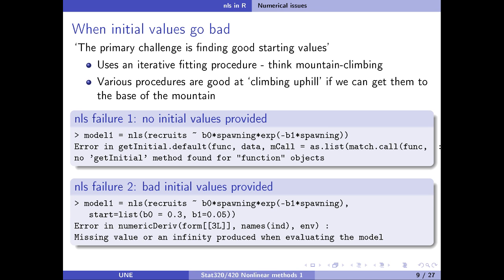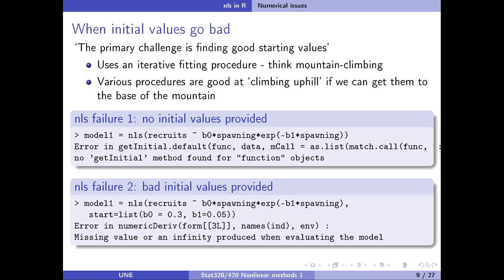The second failure, NLS failure 2, I have provided initial values, but they're just not very good ones. I've specified my model exactly the same, recruits tilde b0, etc. But then I said start equals list b0 equals 0.3. Now that's actually a pretty decent initial value, but b1 equals 0.05 is not a very good initial value.